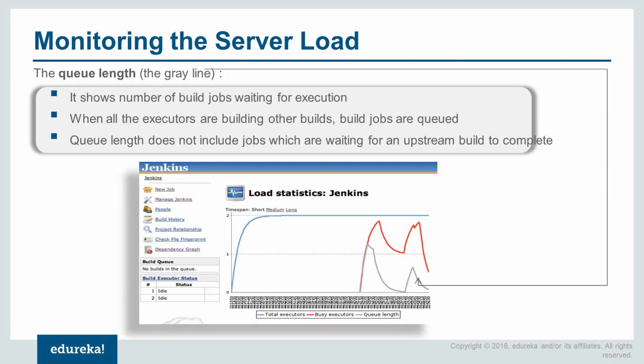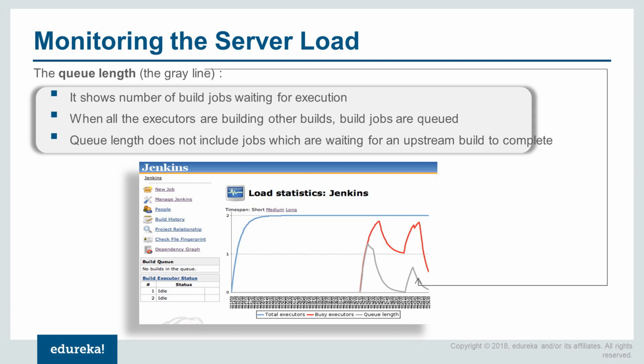And if you talk about the queue length, which is basically the gray line, it shows the number of build jobs waiting for execution. When all the executors are building other jobs, build jobs are queued. So let's say a job had to be queued for maybe 1 minute or maybe 5 minutes before it starts executing, because it will start executing only once there is an executor which is free or available.